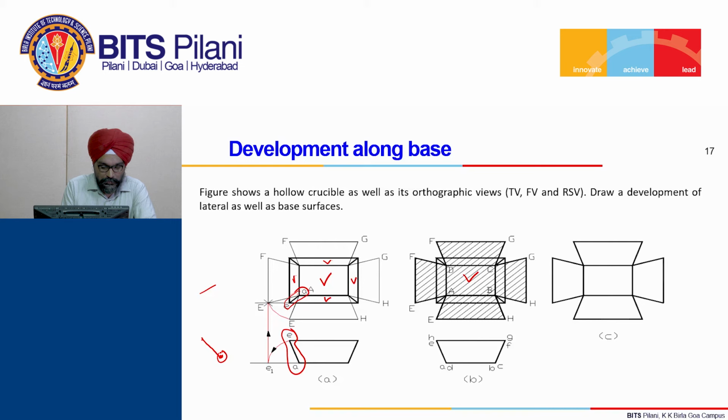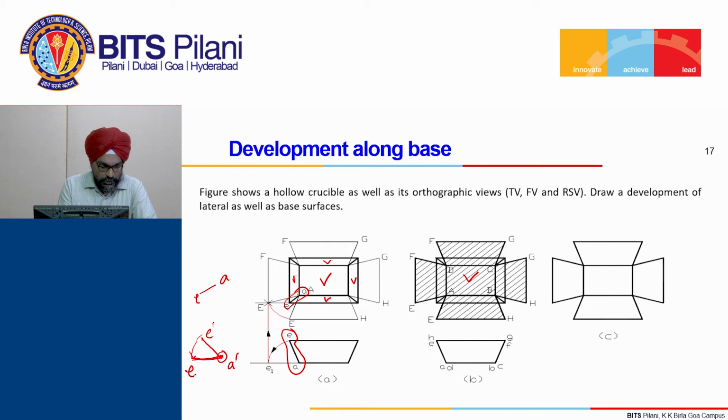You can fulcrum at this point and draw the arc and make it horizontal, as you do with the projections of lines. And once you do that, let us say this is E dash, this is A dash. So, this is E and A.